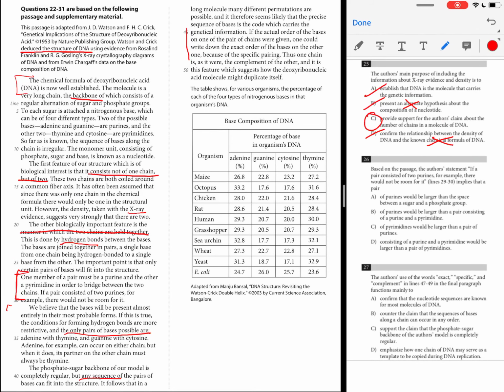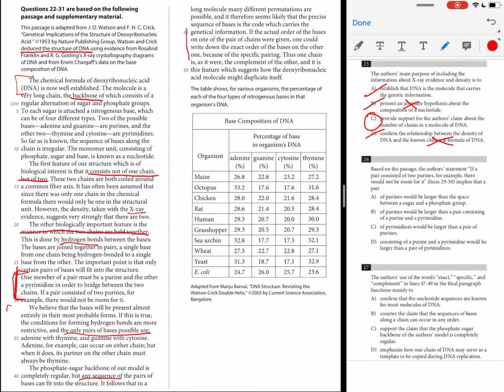So, moving on, 26. Based on the passage, the author's statement, if a pair consisted of two purines, for example, there would not be room for it, implies that a pair... so this is where the piece of evidence that we use for the student is right after that, and I'm going to say that it implies that somehow they would be too big because they wouldn't fit.